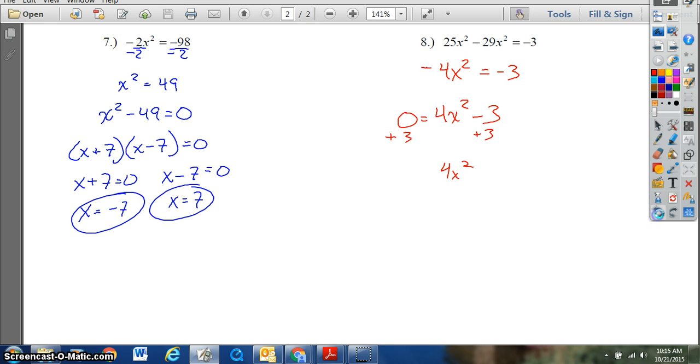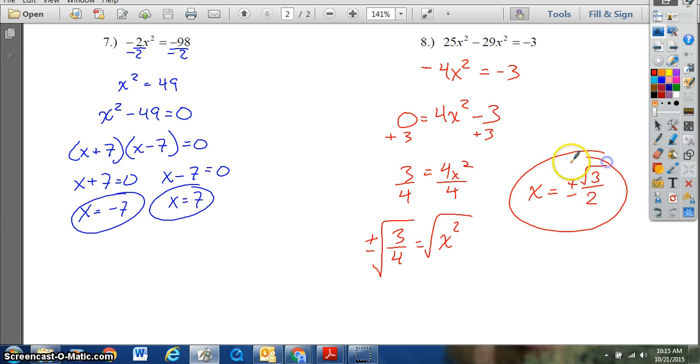I'm going to divide by 4. So I have 3/4 equals x squared. And then I'm going to take the square root. So x in this case would be equal to square root of 3 over 2, because what's the square root of 4? 2.